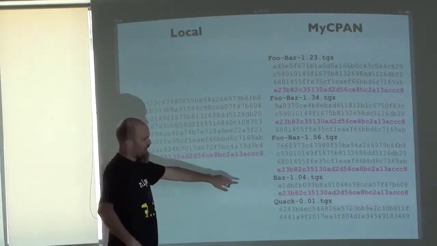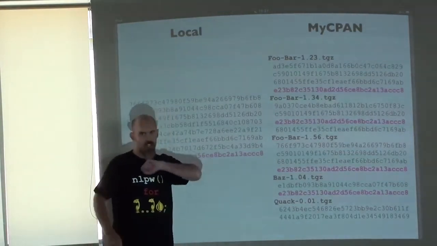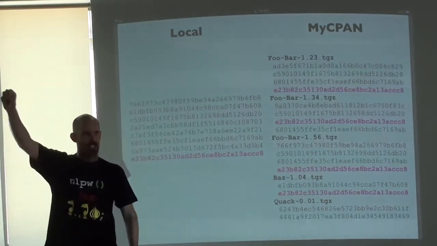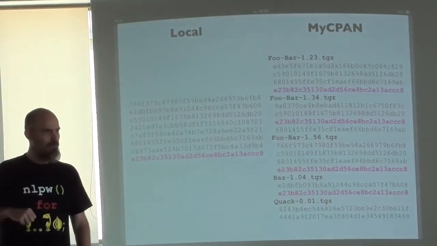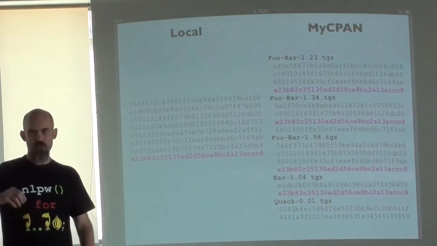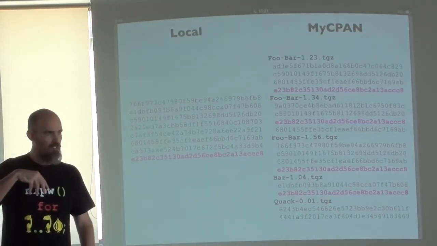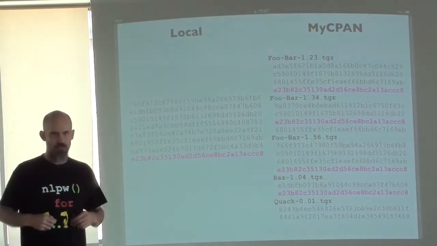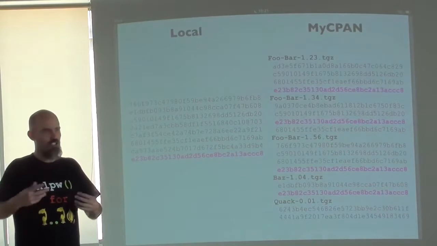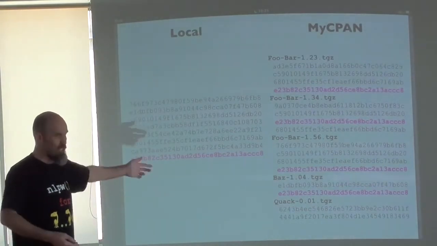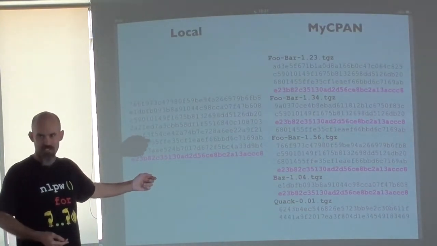Now, the other interesting thing I found was that sometimes these files show up in other people's distributions because they just copy them from somewhere else. Some things wanted to install their own version.pm, for instance, and so they thought, okay, I'll just grab the real version.pm, I'll put it in my distribution, and then they forgot to do whatever change they were going to do. And so that shows up in some other distribution as well.